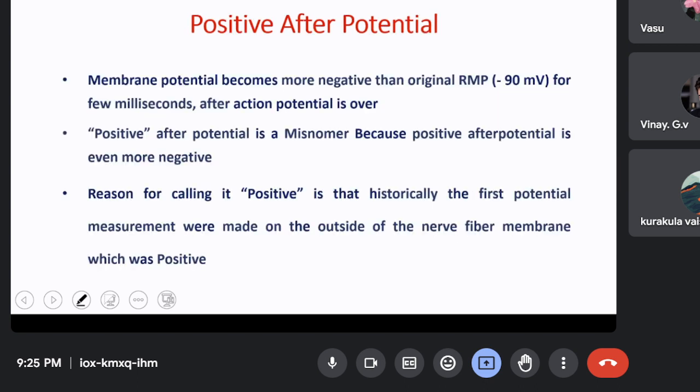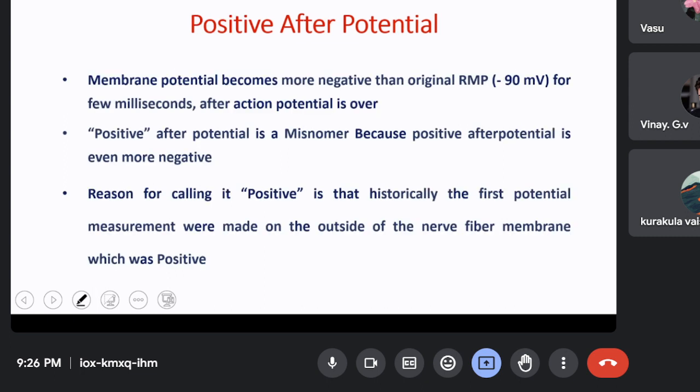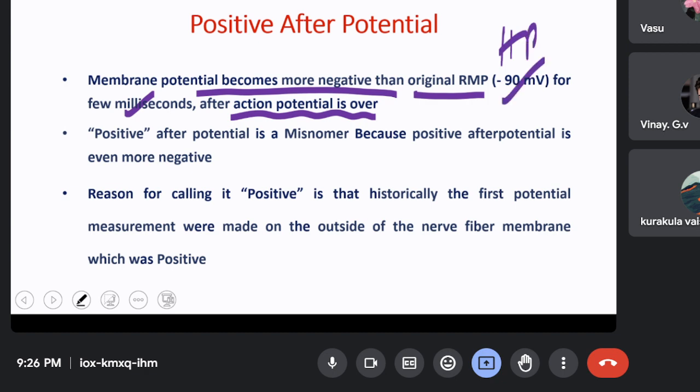And another two terms are associated with this. One is called positive after potential and the other is called negative after potential. So let me explain these two. Membrane potential becomes more negative than the original resting membrane potential for a few milliseconds after the action potential is over. That means during hyperpolarization, this we call positive after potential.